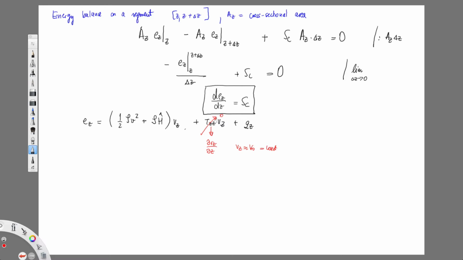And then Q_Z is going to be my Fourier's law. The only part in Q_Z, so I'm expecting Q_Z to be what? Minus K times dT/dZ. What is K? Which material?